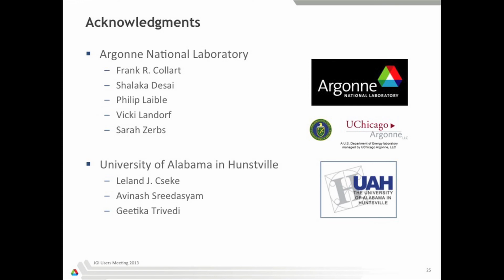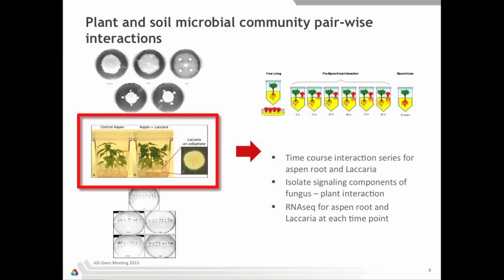We do see, let me see if I can get up to this one real quick. For example, just trivial, oh, that's no good. I'm going to ask you to take my word for it because it's completely invisible in this figure. So we're growing those little baby aspens, cultured with and without all four of the fluorescent strains, on low phosphorus.